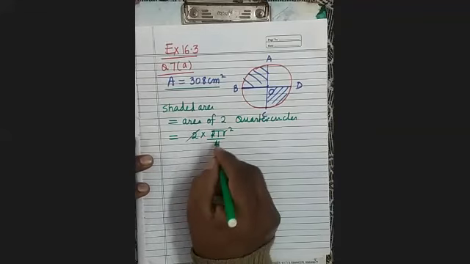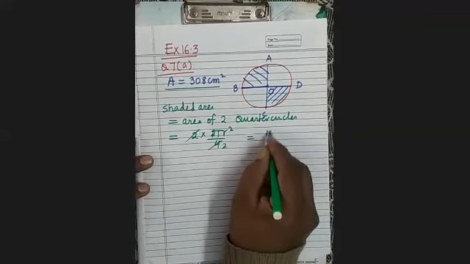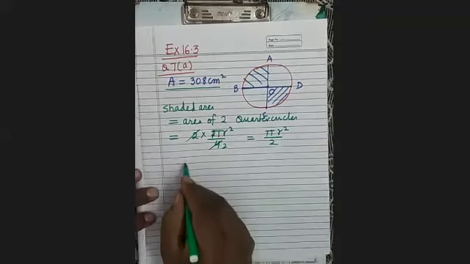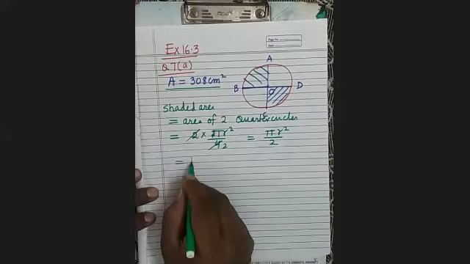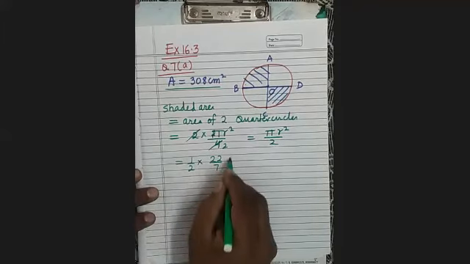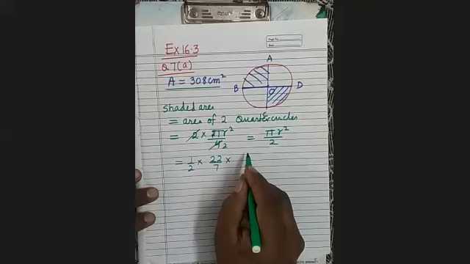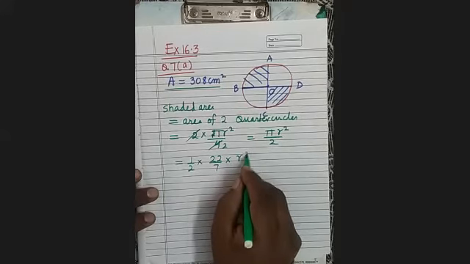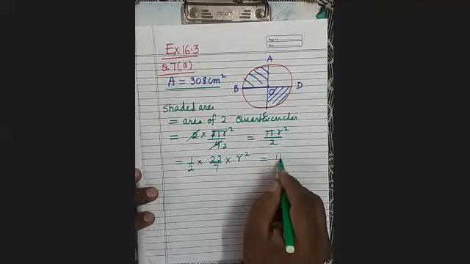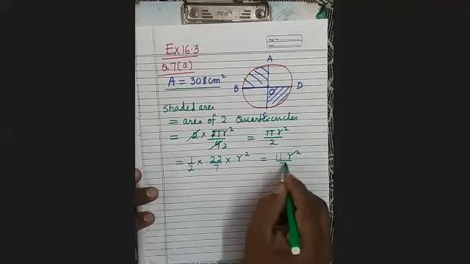It will be cancelled, that is pi r square upon 2. Now you substitute the value, 1 upon 2 into pi which is 22 upon 7, r is not given to you, so r square, so it will be 11 r square upon 7.